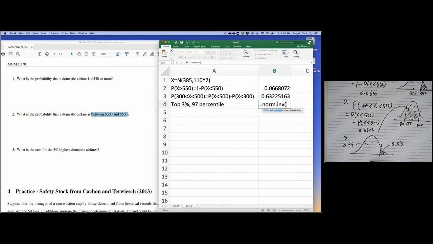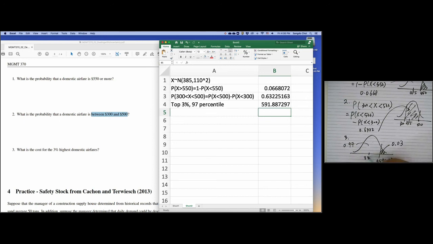This case takes the percentile number, not 3%, but 0.97. The mean value is 385. What is the standard deviation? 110. Then the result is 591.88789. This dollar amount is our top 3%.